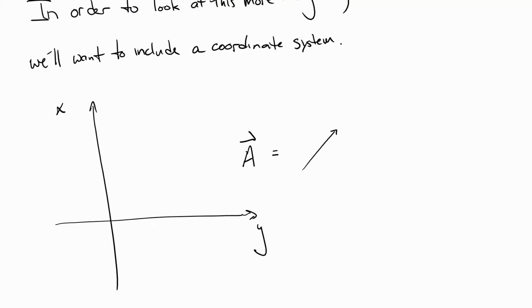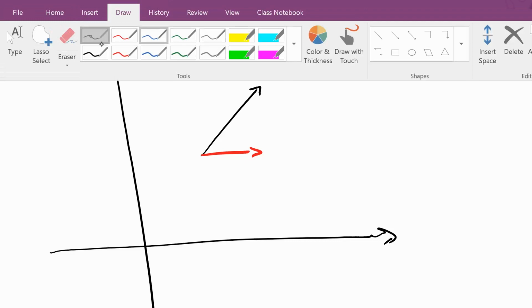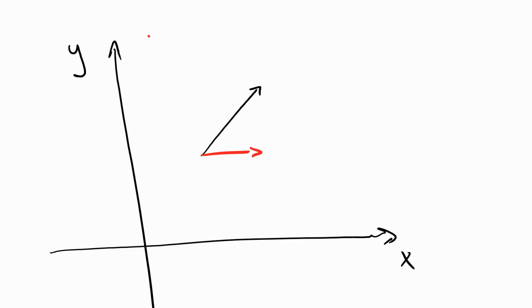So let's say that I've got here A, my good old vector, and this pretty bog standard XY Cartesian coordinate system. If I drag A into this, what I'm going to discover is that there is some of A pointing in the X direction, and some of A pointing in the Y direction.